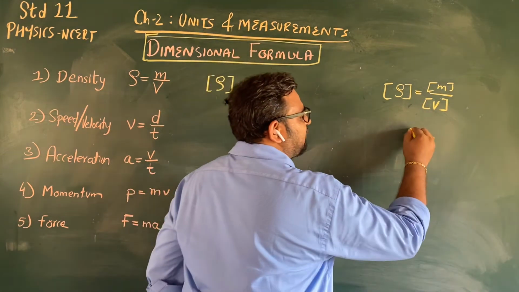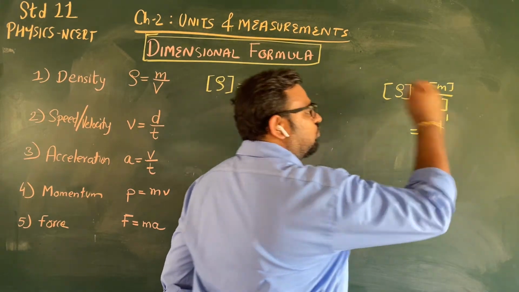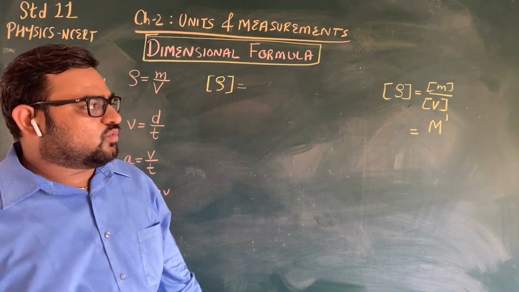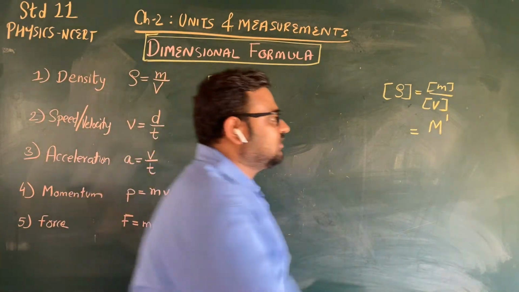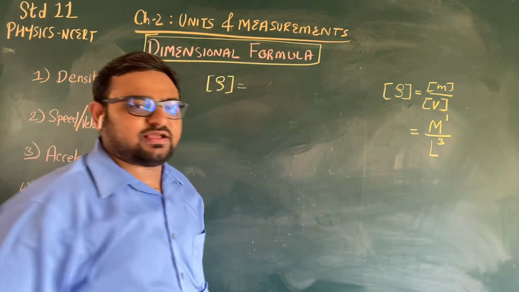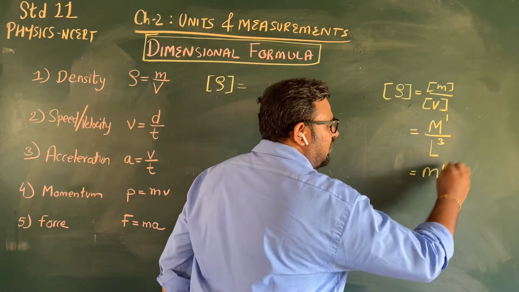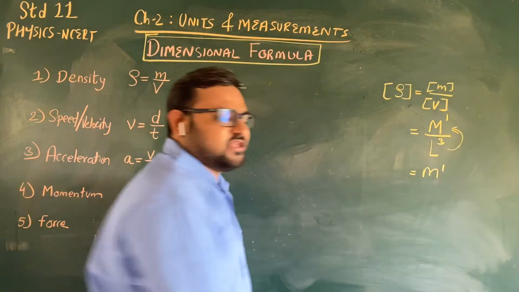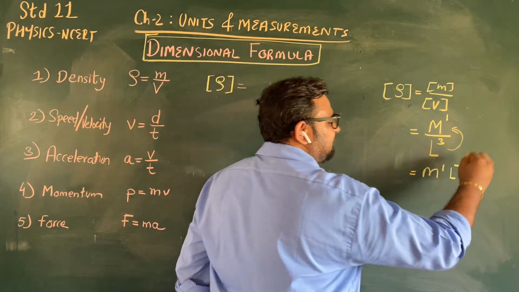What is dimensional formula for mass? M1. Clear? What is dimensional formula for volume? Volume means L cube. So L3. Clear? So this will be equal to M1. When this goes in the numerator, it will be L minus 3.